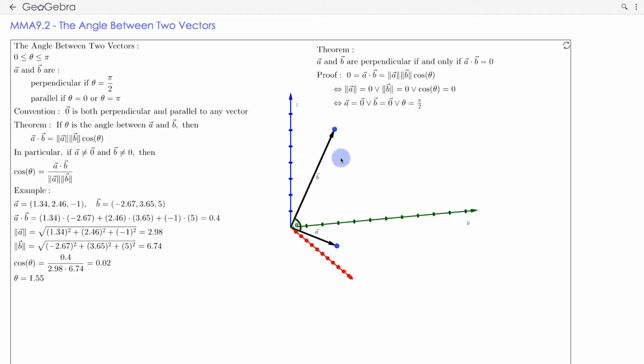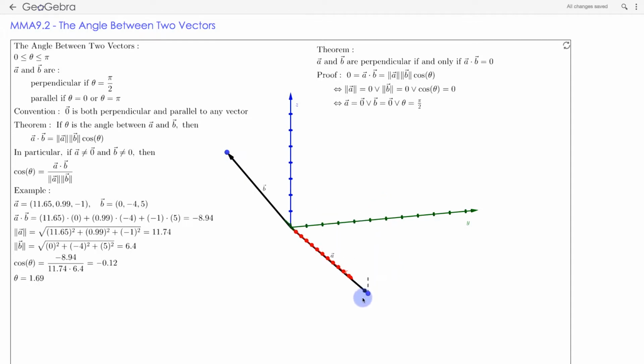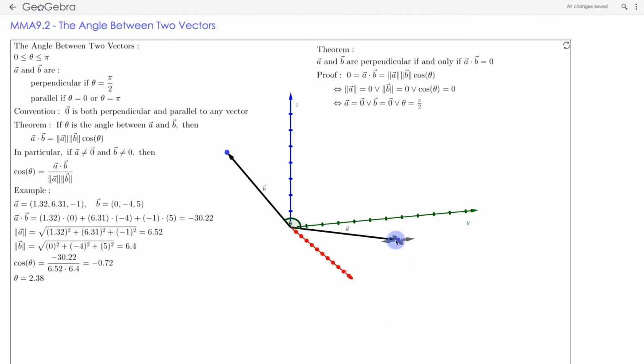It's probably easier to see the angle if I do something like this. So you can see there's an angle theta down here, right? Sorry, it's a bit hard because there are too many dimensions to keep track of.